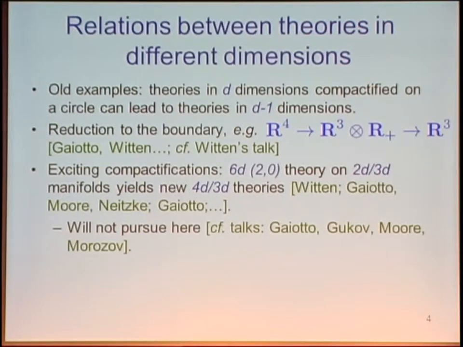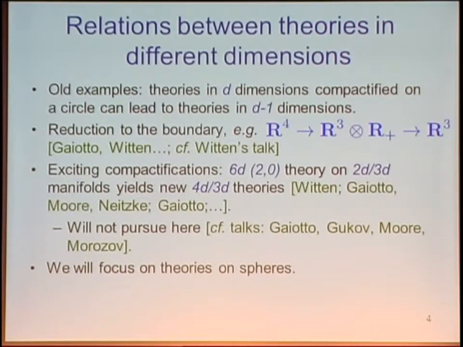And more recently, there was even discussion of compactifying the same theory on a three-dimensional manifold to gain new insights about other three-dimensional manifolds. This is a very exciting line of development, which I will not pursue here at all, and I'll refer you to these talks. One of them we've already heard today, Morozov's talk, but I think we'll hear a lot more about that from Gaiotto, Gukov, and Moore later on in the conference, and I'm looking forward to it.